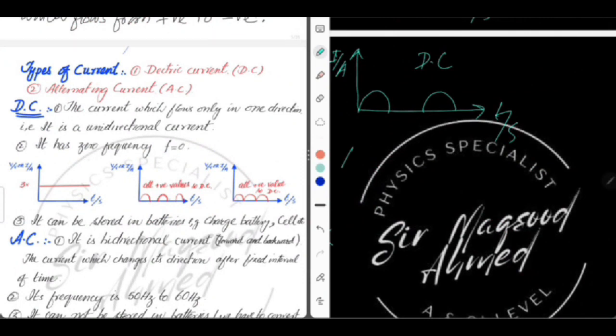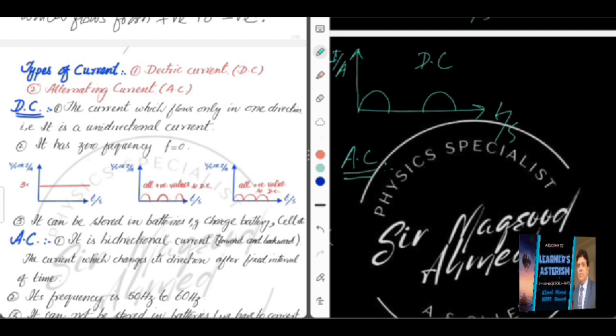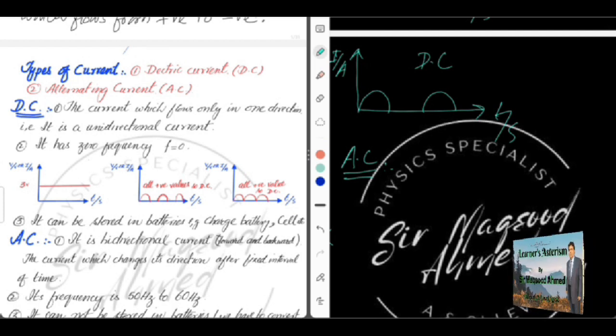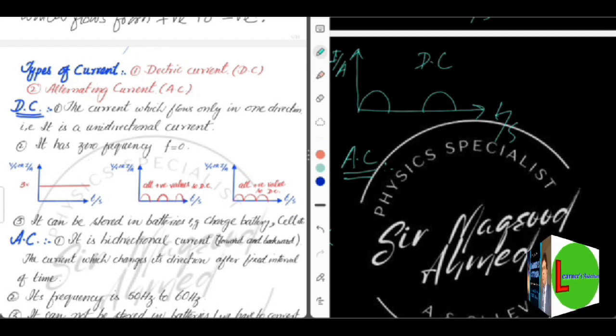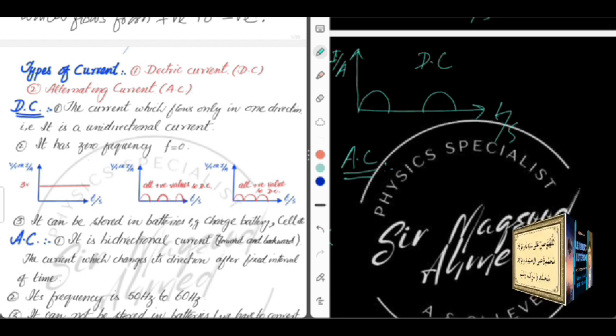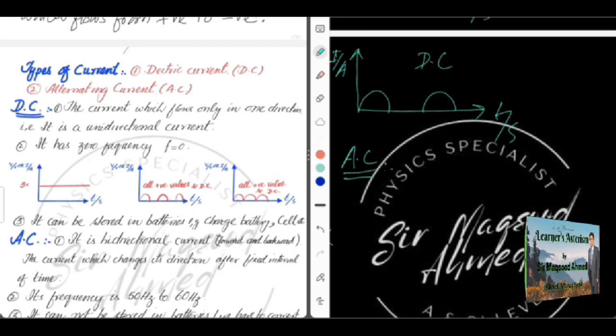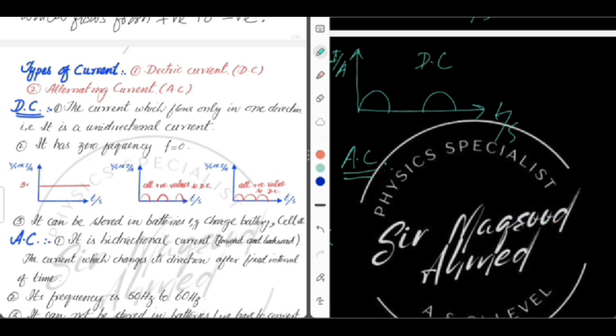Now we will discuss alternating current. The alternating current is defined as the current which changes its direction after a fixed interval of time, called alternating current or AC. The alternating current has two directions.